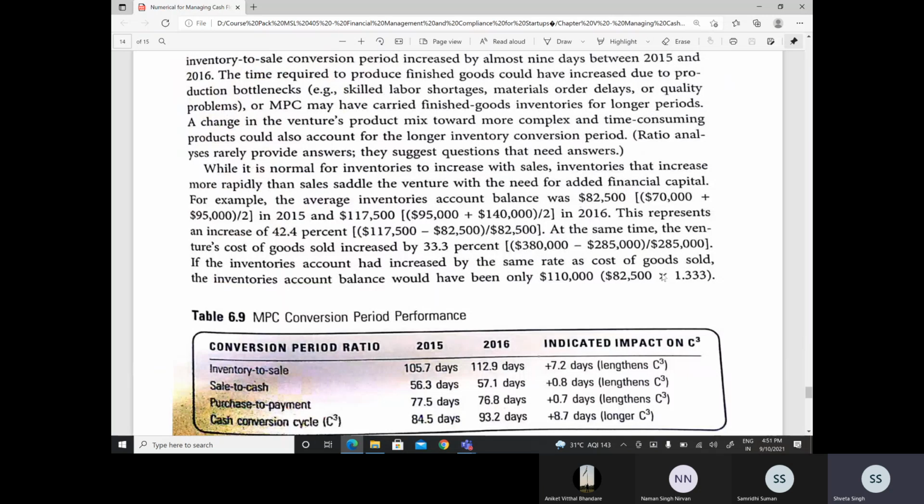So there could have been skilled labor shortages, material order delays, quality problems, or MPC may have carried finished goods inventories for longer time periods. A change in the venture's product mix towards more complex and time-consuming products could also account for the longer inventory conversion period. So ratio analysis rarely provides answers. They suggest questions that need answers.